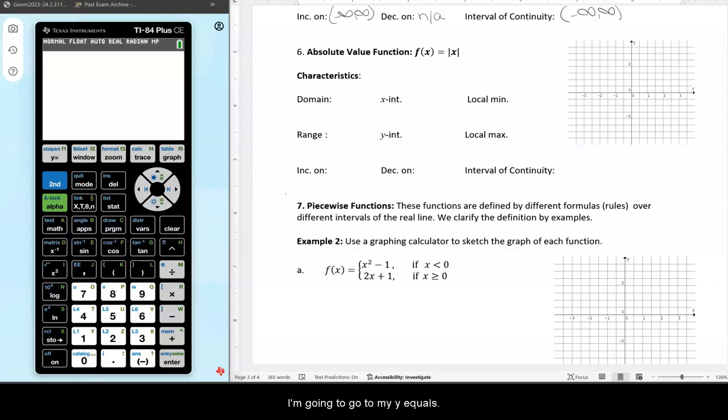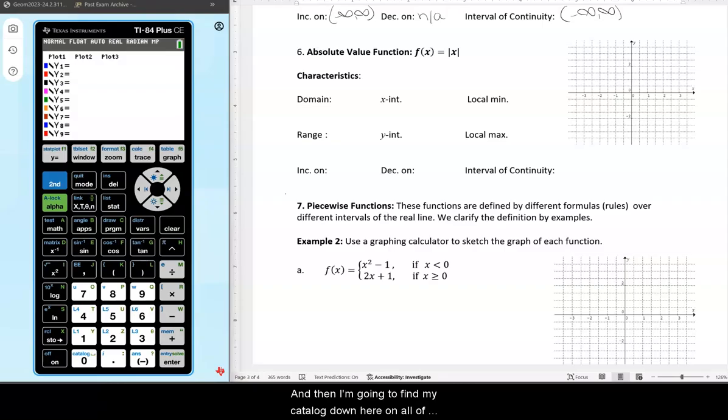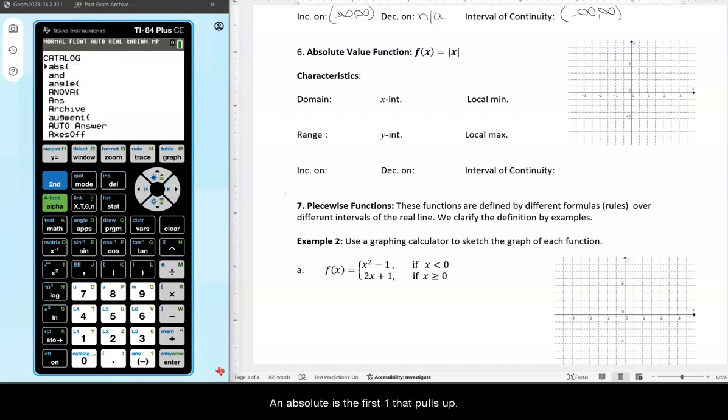I'm going to go to my y equals, and then I'm going to find my catalog. Down here on all of the TI graphing calculators, right above the 0, there should be a catalog written out there. To get to that, hit second, and then 0, and absolute is the first one that pulls up. So just hit enter, and there's our absolute value bars.